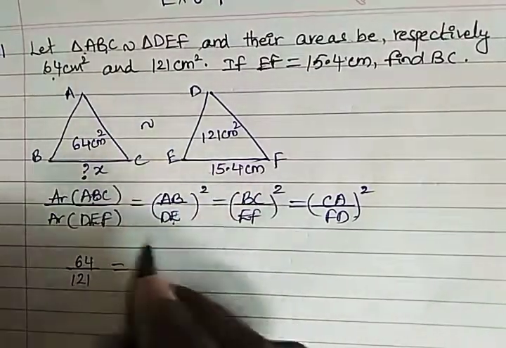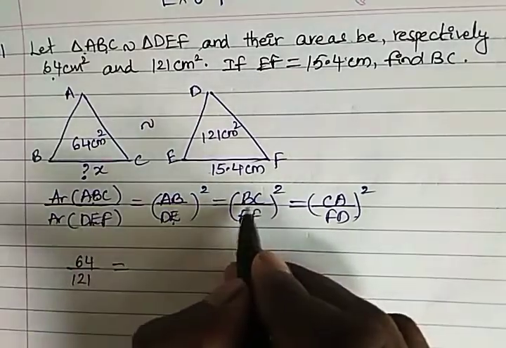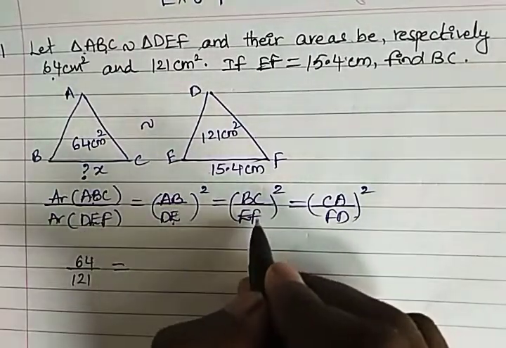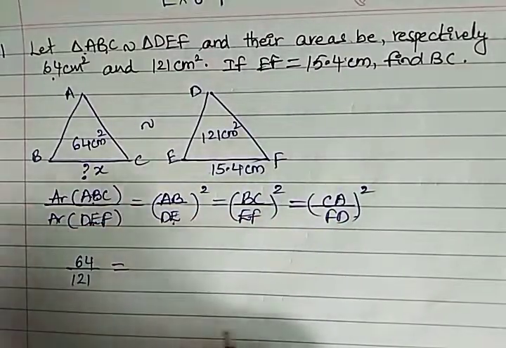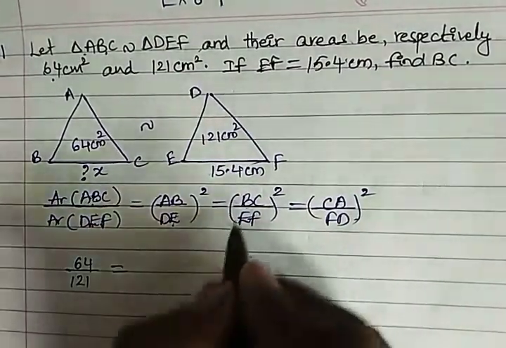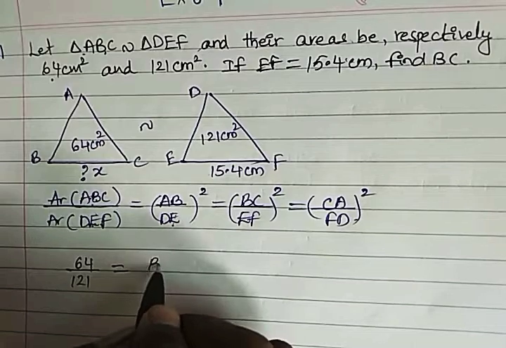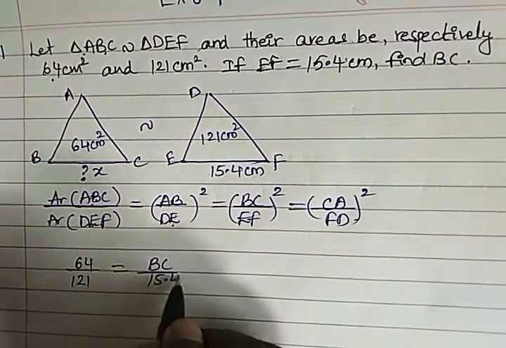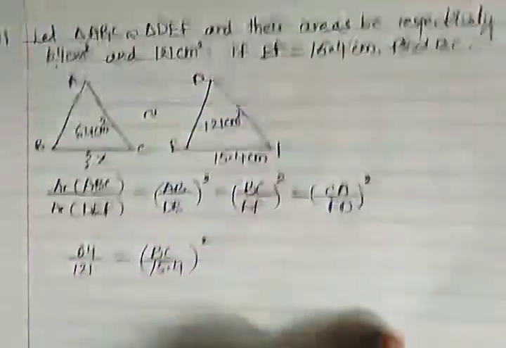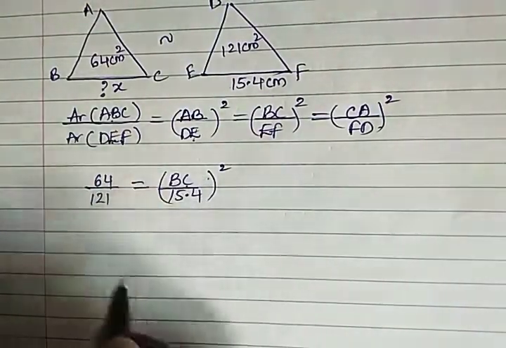So we will take up this one. We will equate it to BC by EF whole square. We can equate all four, but whichever is required, that only we will consider. So BC by EF, where EF is given as 15.4, whole square. Now from this we are required to find out the BC value.